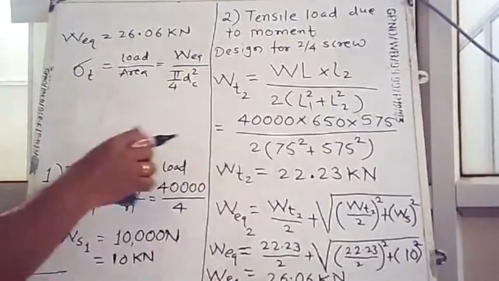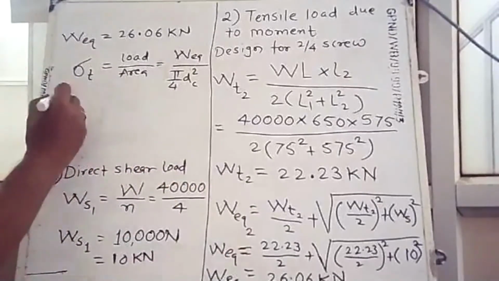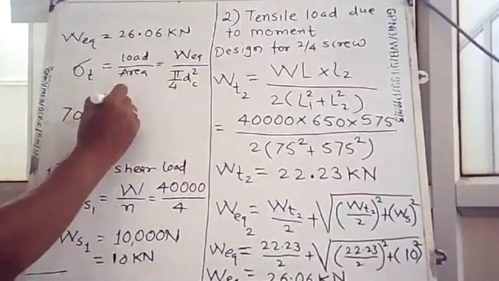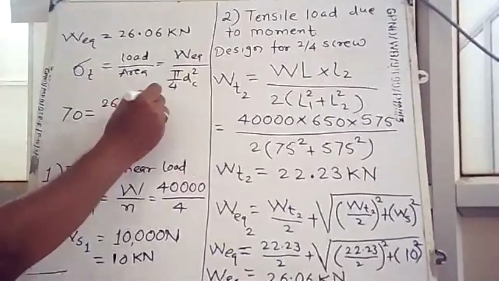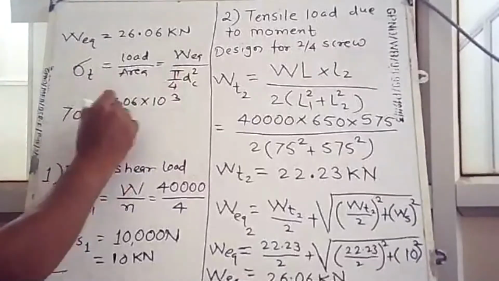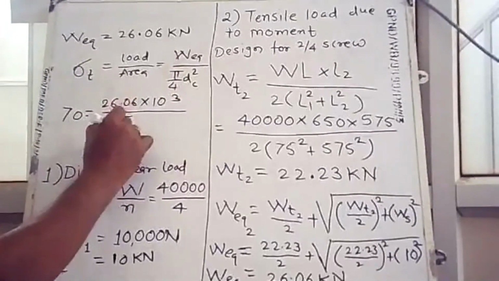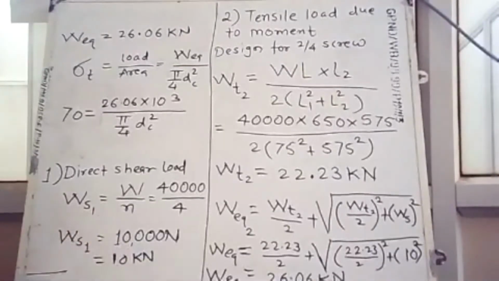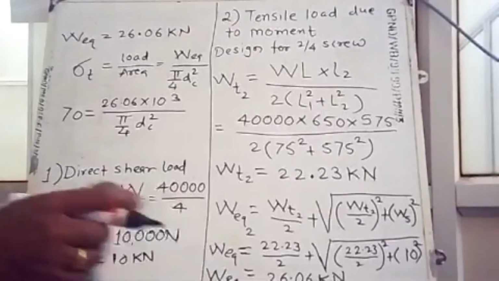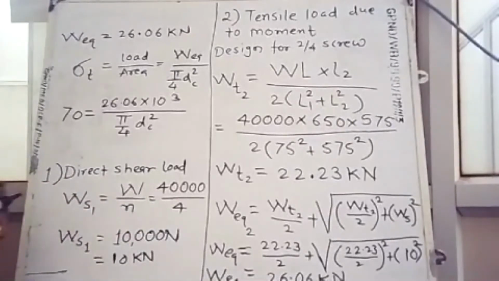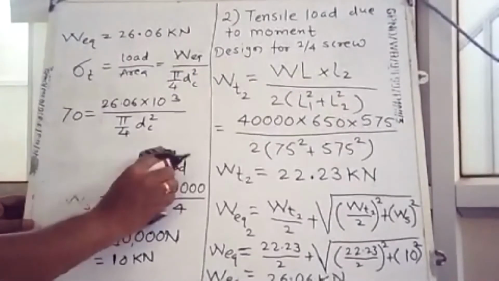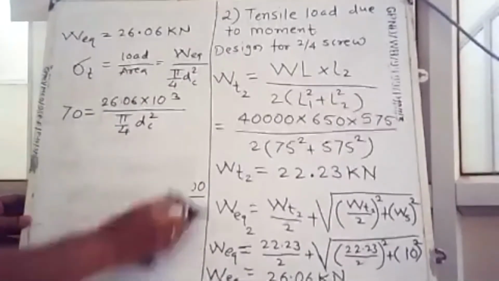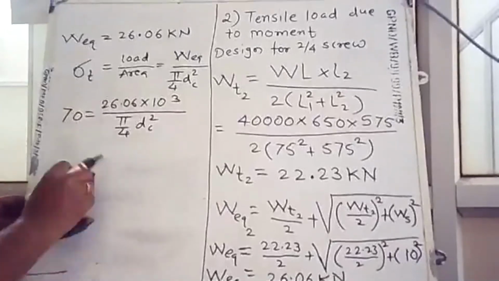So we'll put here that we know that the permissible stress is 70, 26.06 into 10 power of 3 divided by pi by 4 DC square. Okay, so this gives us our diameter, and that completes our design of screw.